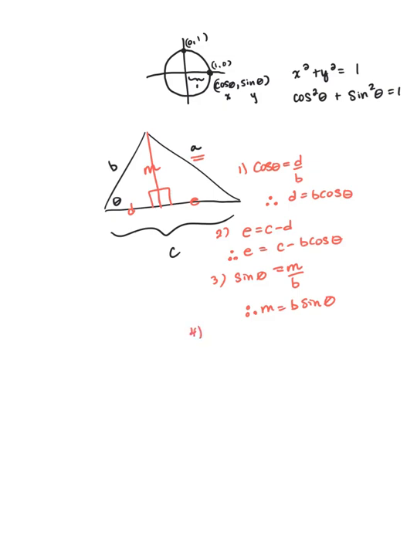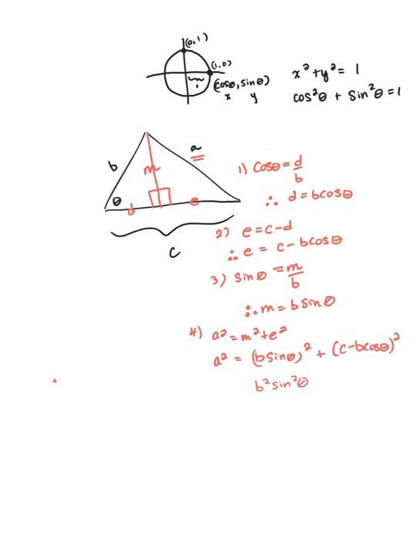So we can agree that A squared equals M squared plus E squared, right? So M is B sine theta. I'm going to square that. E is C minus B cos theta. I'm going to square that. Well, B sine theta squared is just B squared sine squared theta.